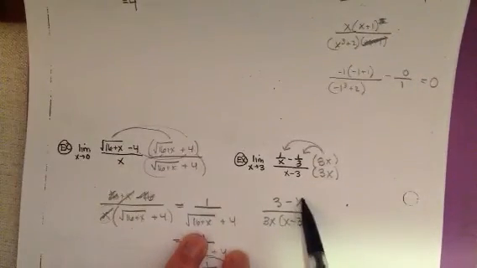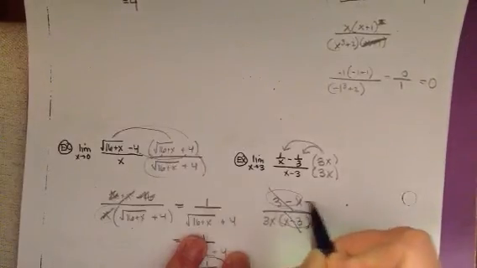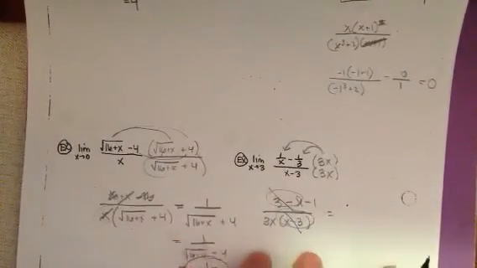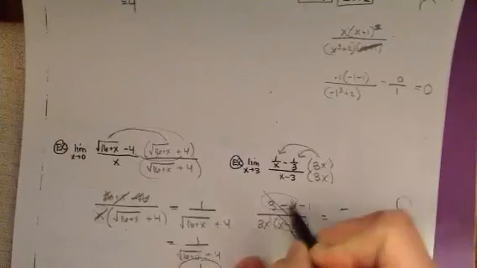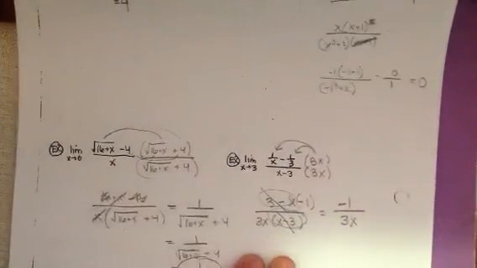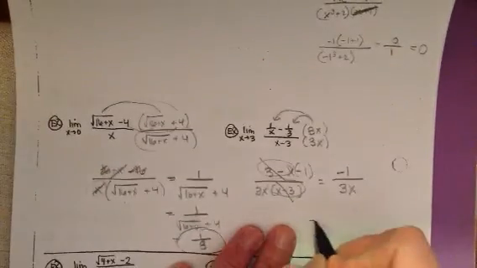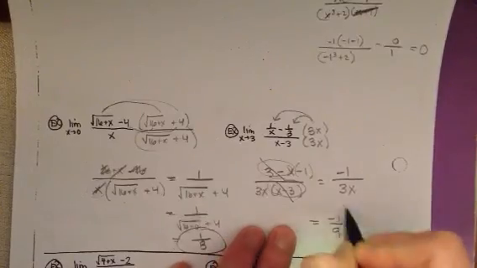What's nice about that is that this and this don't cancel, but sort of. They make -1. Remember, 3 minus x and x minus 3. So we get -1 over 3x once we manipulate, and now we can directly evaluate and plug in that 3. So your answer would be -1/9.